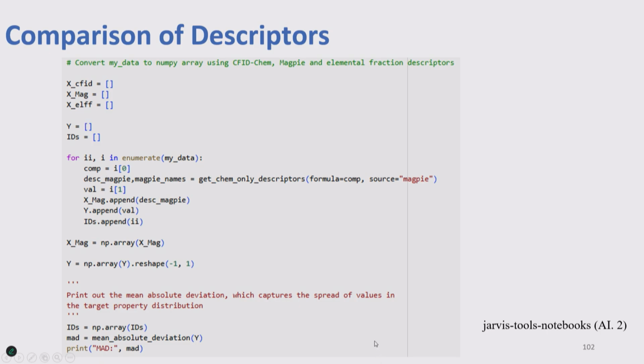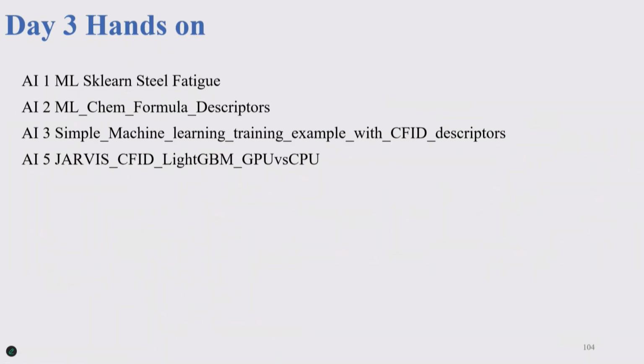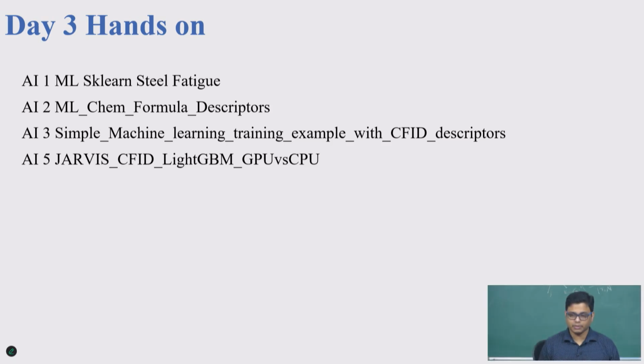We'll see which one is better or worse in terms of speed and performance, just for a toy model. Matminer is one of the projects which has all of that. After this we'll take a break, then start the hands-on session. But before this, any questions?